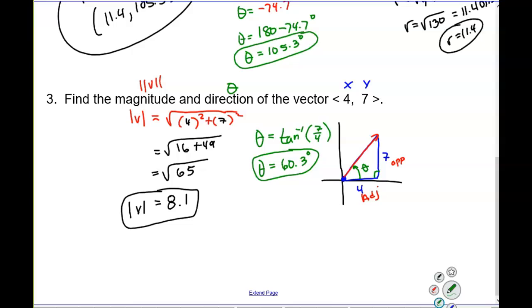There's my magnitude, there's my direction. Notice how all three problems, if you had a graph, it was really just either regular SOHCAHTOA, Pythagorean theorem, or inverse SOHCAHTOA.